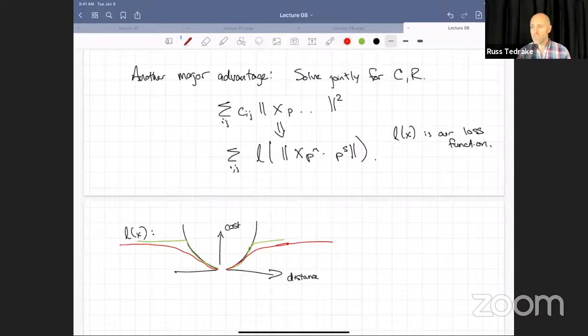There are a bunch of other versions of this that people use, the robust kernels. A really important point to understand is that the reason these are so robust to outliers is that once you get into this flat regime, every outlier over here contributes a cost, let's say a cost of 1.